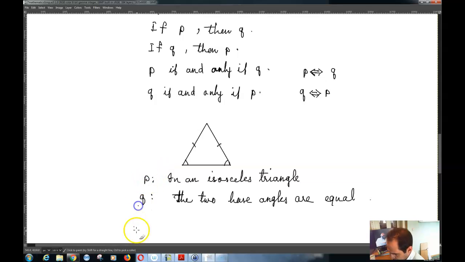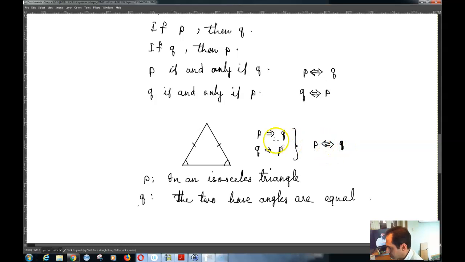So now we said that if P then Q is true, because what that means is that in an isosceles triangle the two base angles are equal. And also Q then P is true, meaning that if you have a triangle in which the two base angles are equal, then it's going to be an isosceles triangle. Then technically you can put these together and write P if and only if Q.